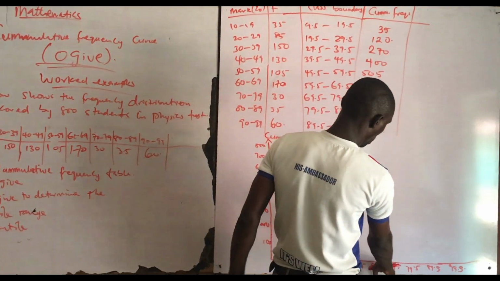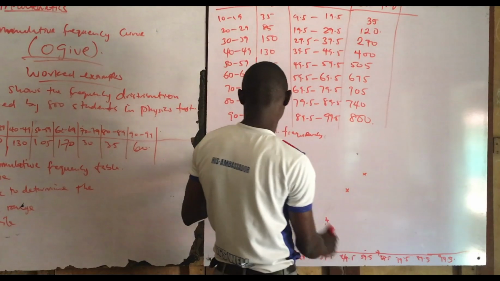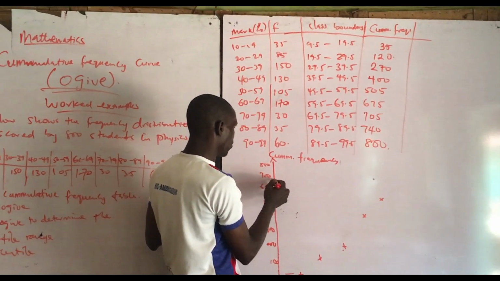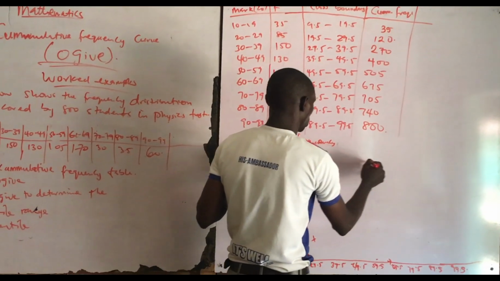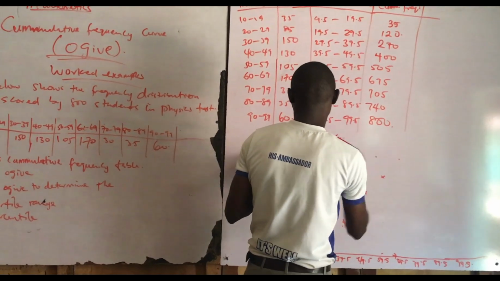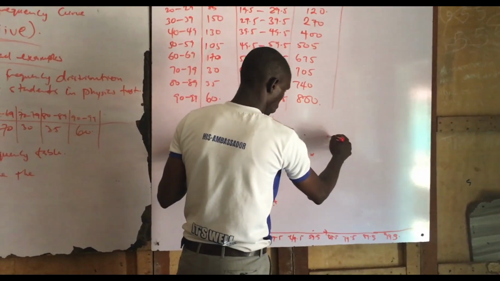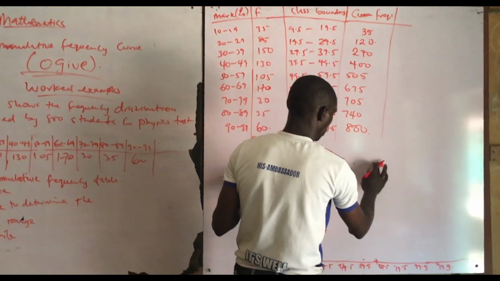Then 69.5 is to 675. This is 650, this is 675. So you trace it, like this, to 69.5.